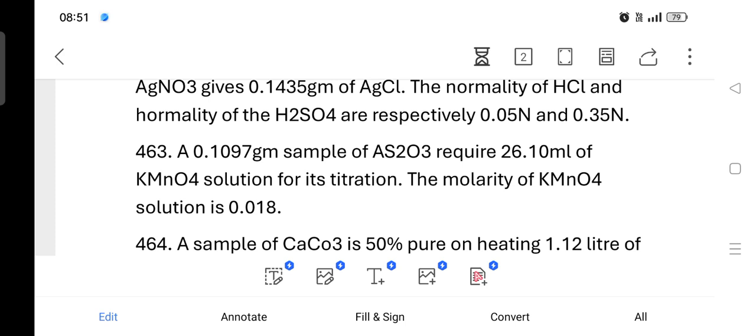The normality of HCl and the normality of H2SO4 are respectively 0.05 N and 0.35 N.